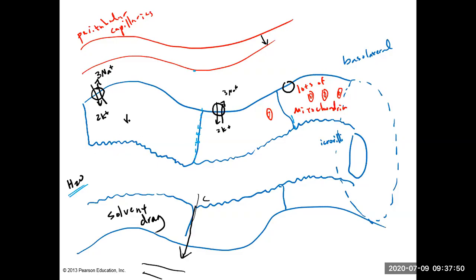It will lower the concentration of sodium in here and increase the concentration of sodium up here. And guess what? There are potassium leak channels in here. So once the potassium comes in, it can also exit here as well.